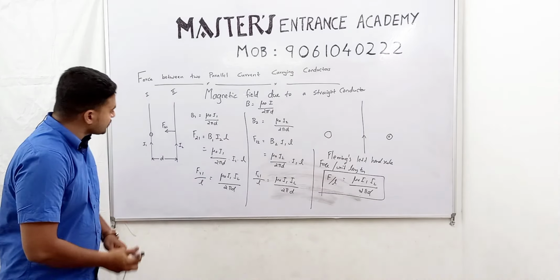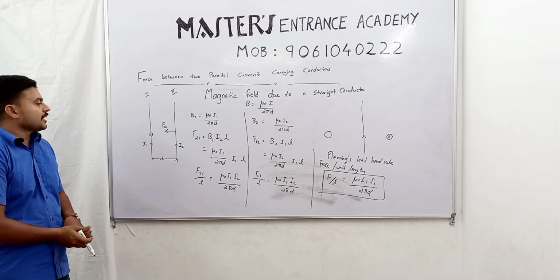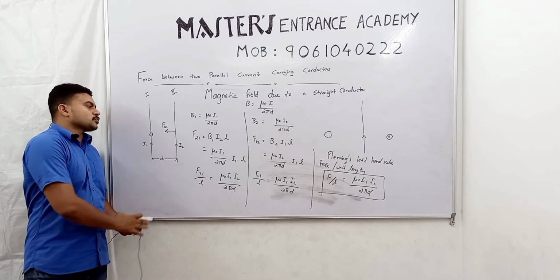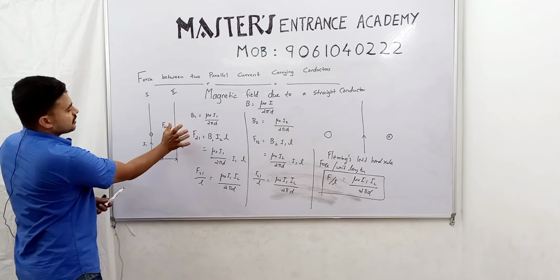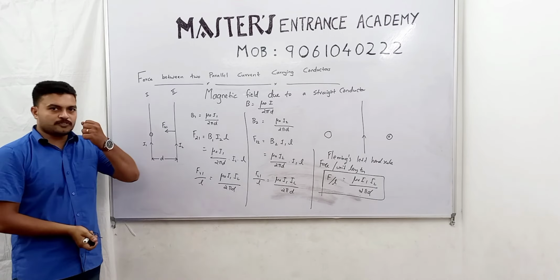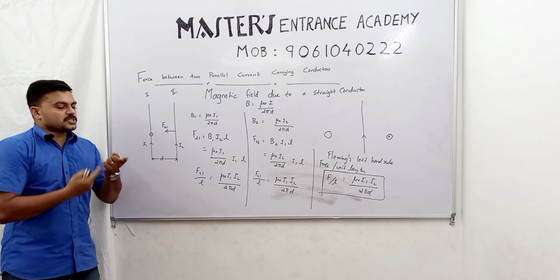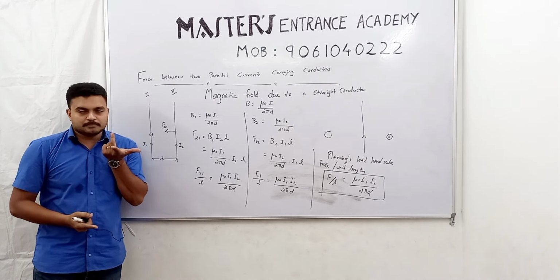In which direction does the first conductor move? Again, the magnetic field produced by the second conductor is towards you, so we put our forefinger in this direction. What is the direction of current? Upwards. What is the direction of the thumb?